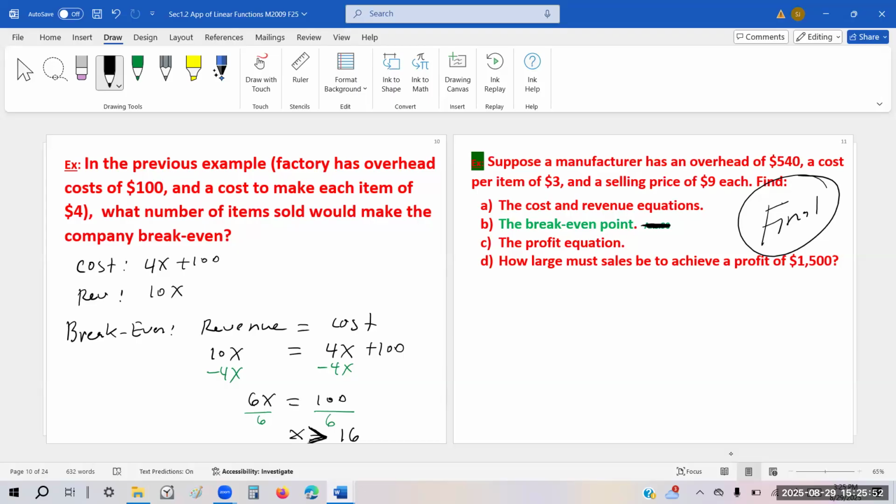Here it's exactly 90 because 540 is divisible by 6. If you sell more, you're gaining profit. So for break even, it has to be exactly 90. And then the profit.